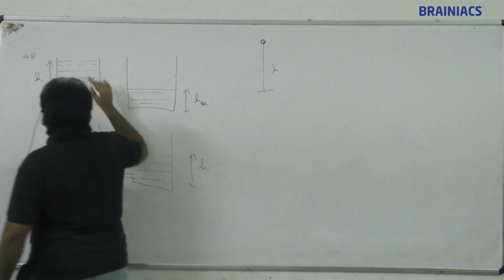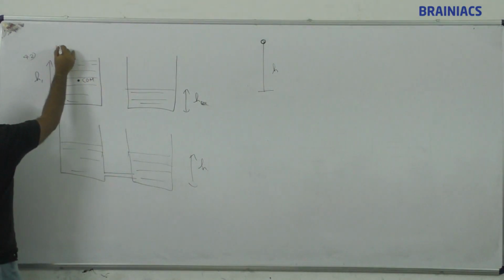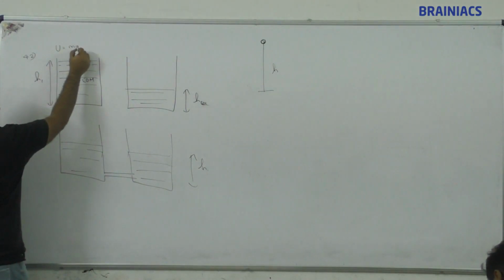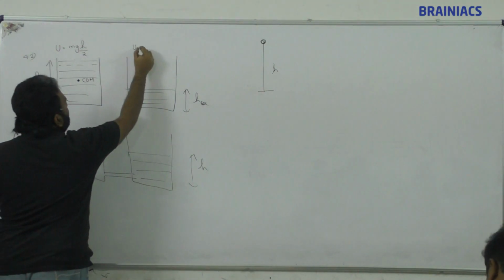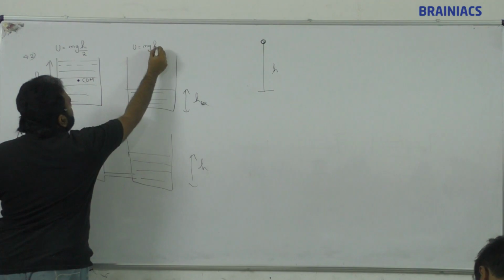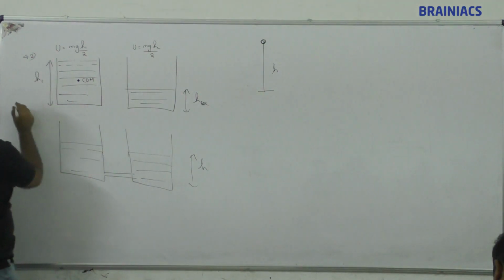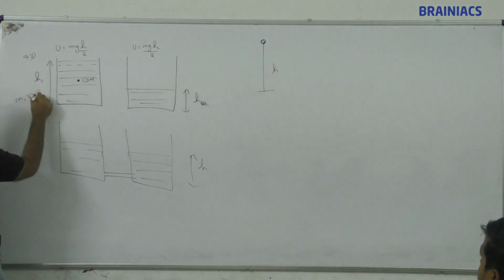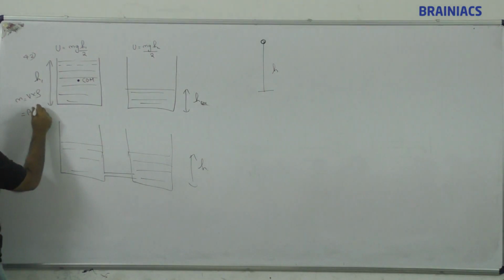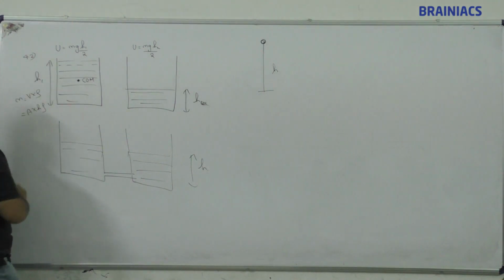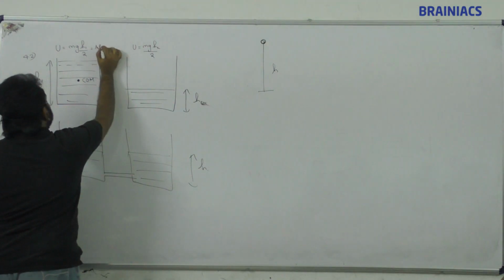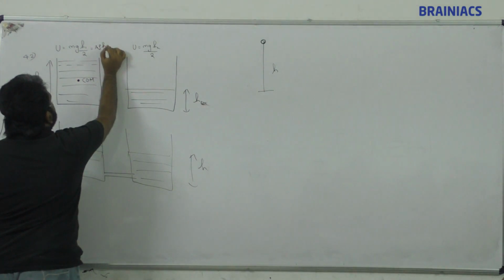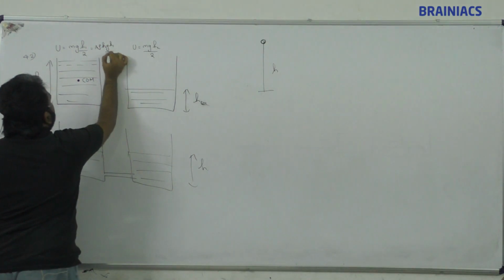Then the potential energy of this one is nothing but mgh1 by 2, and this one is mgh2 by 2. Mass is equal to volume into density. Volume is area into height into density. So when we substitute here, we will get A rho h g, this is h1, then h1 by 2 will come.